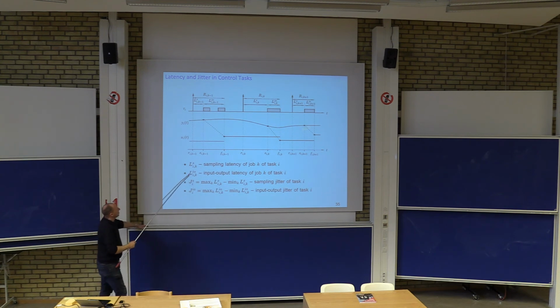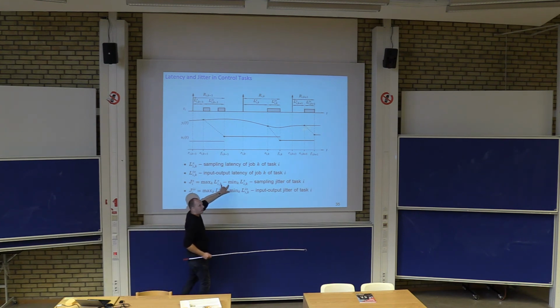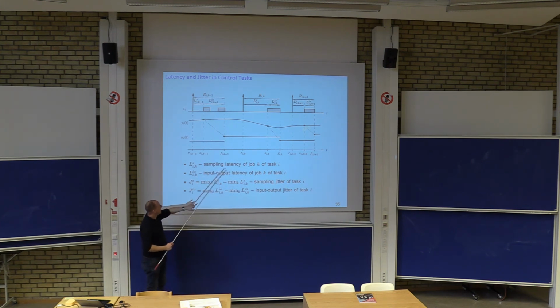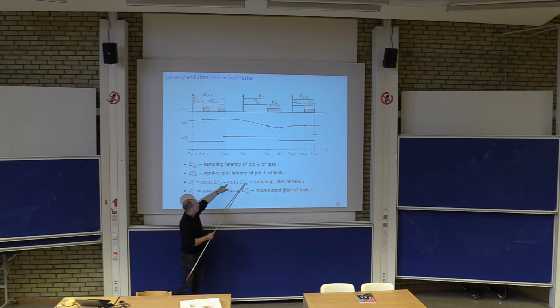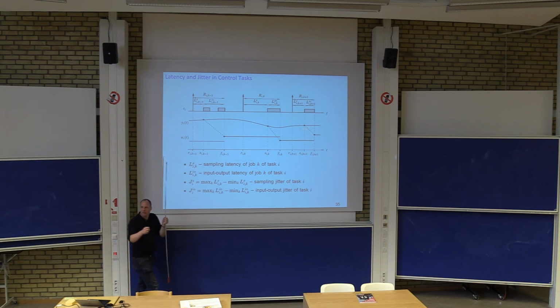And then we have these two forms of latencies, and then we can talk about how much the latency differs. So the sampling latency and the input-output latency. The sampling jitter is the maximum latency minus the minimum latency. So it's the spread, and the same for the input-output jitter.